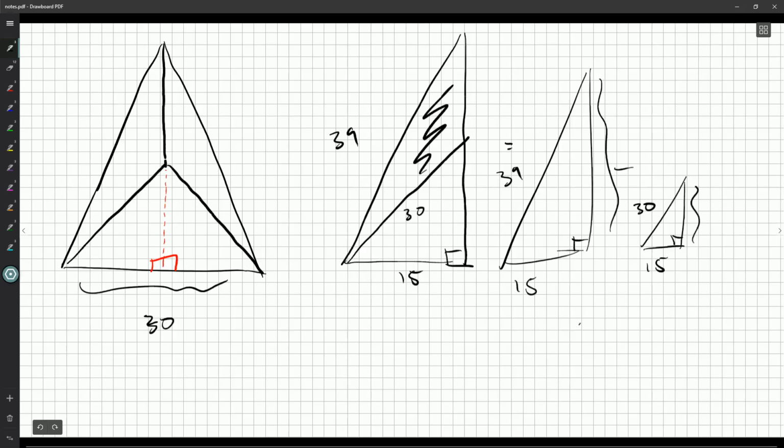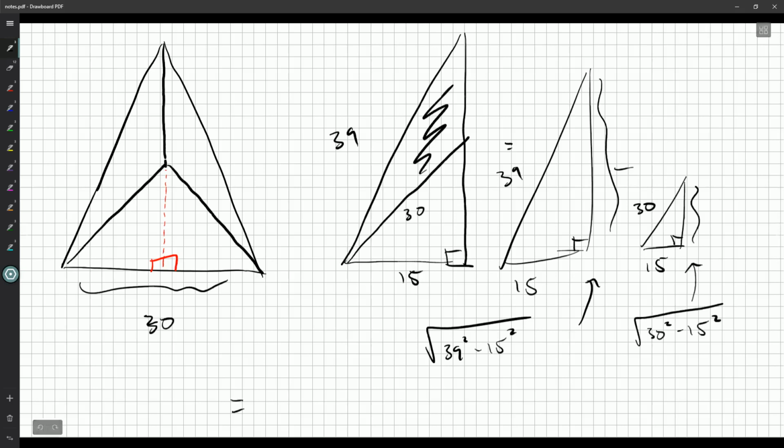So this height is going to be the square root of 39 squared minus 15 squared, and this height here is going to be the square root of 30 squared minus 15 squared. So we grab our calculators just to speed things along, because based on the way they ask the question, I can't be sure that I'm going to get integers.